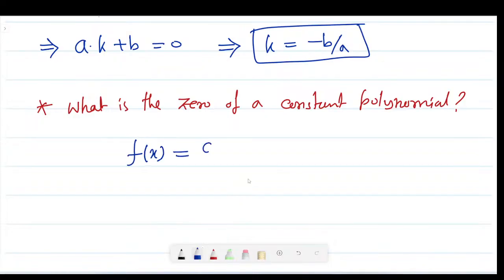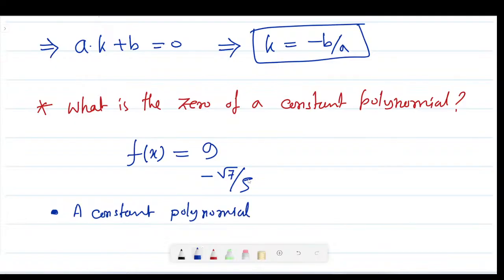That will be like 9, or it may be root over 7 by 5 and anything. And the degree of x is always 0. So there is no zero of a constant polynomial. So my conclusion is that a constant polynomial does not have any zero.